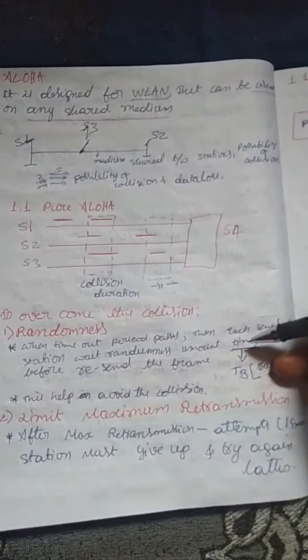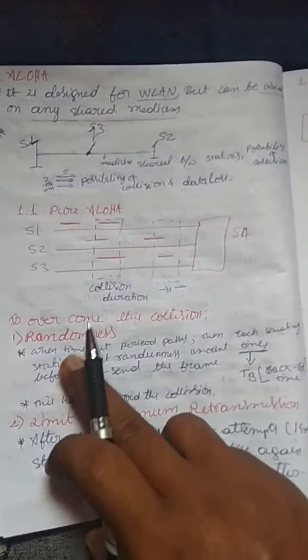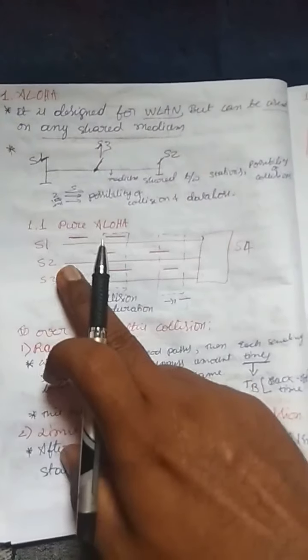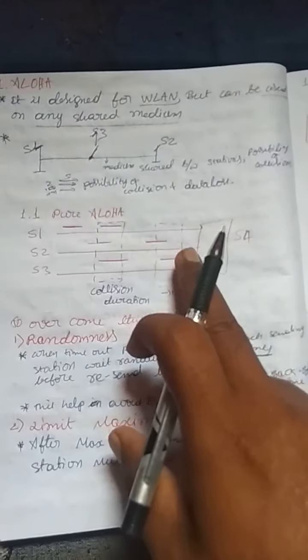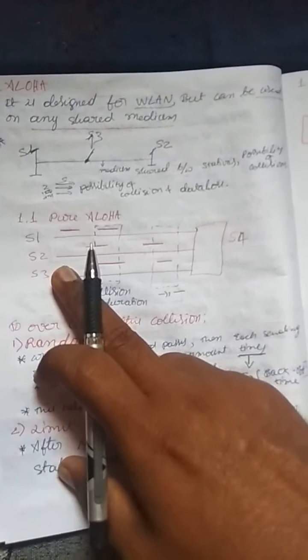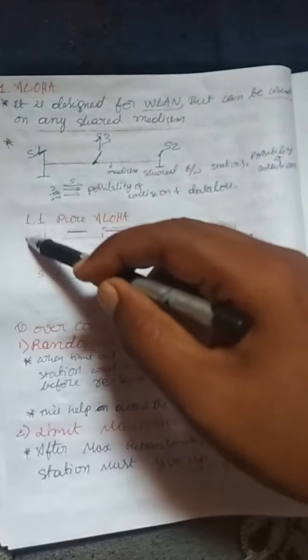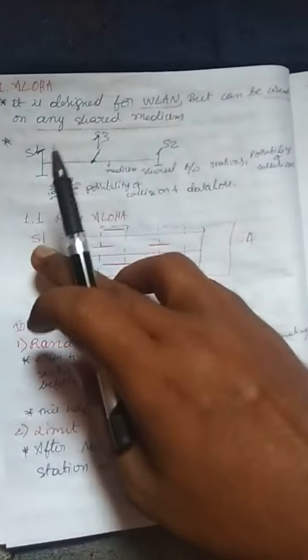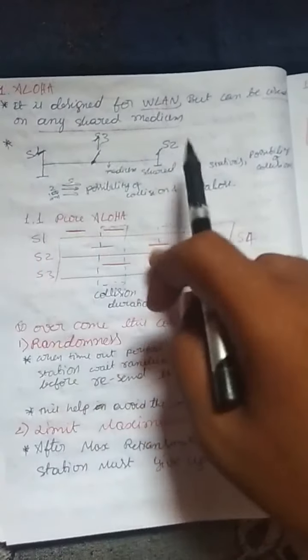This time is called back-off time. Once we send the data from source to destination, if the acknowledgement is not received within the time period, the sender will wait a random amount of time before resending the same frame.